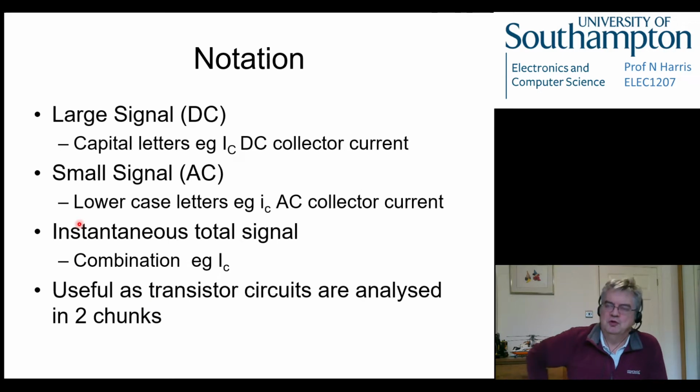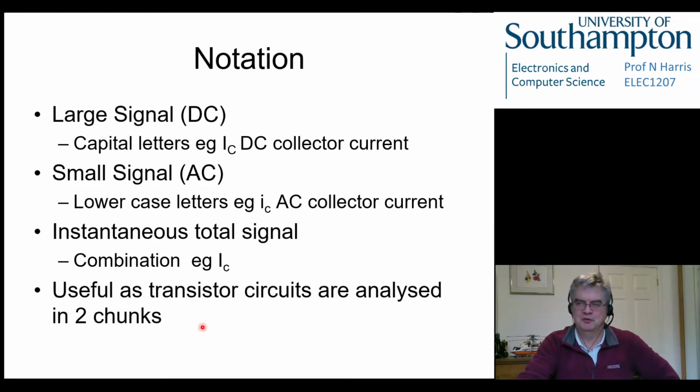Right, so notation. We have to have some notation. It gets a bit tricky with transistors, so we have to be aware. And I'm noted for making a few mistakes in this sometimes because of auto-capitalization in Microsoft's products. So we split transistor circuits into what's called a large signal and a small signal, and we will define those going forward. But basically a large signal is the DC conditions.